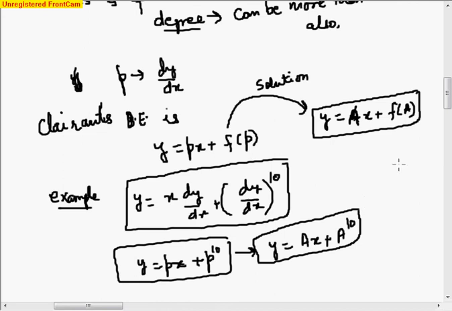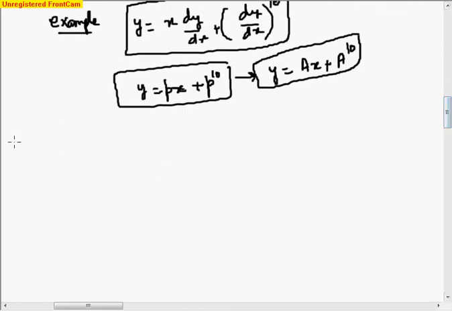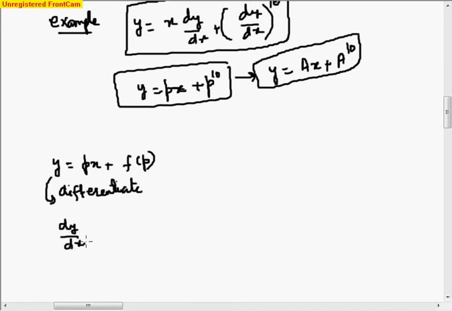That is very simple. I have y is equal to px plus f(p). I'll differentiate with respect to x. I'll get dy by dx is equal to p plus x into dp by dx plus f dash p into dp by dx. Now dy by dx is nothing but p, so p and p cancel.